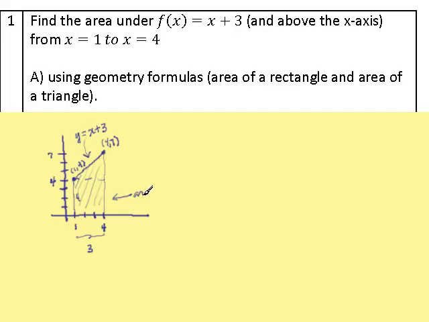So the area is equal to 3 times 4, 12. And let's look at the area of our triangle. It's 1/2 base times height, so the base is 3. The height goes from 4 to 7, so that's also 3.